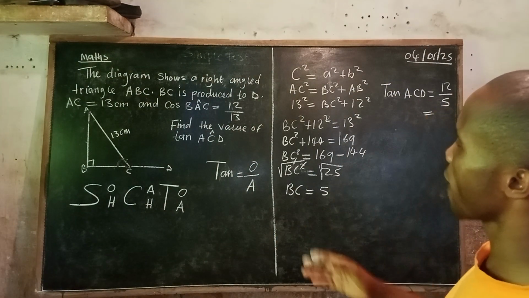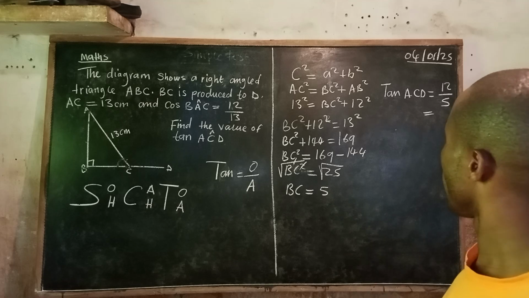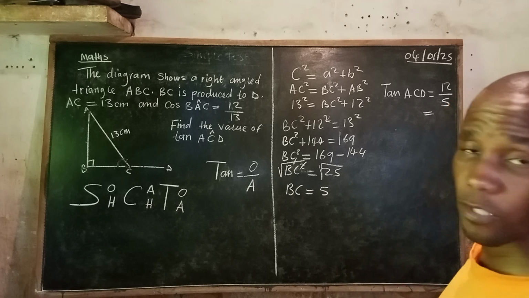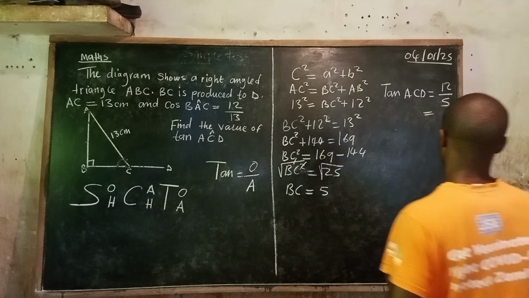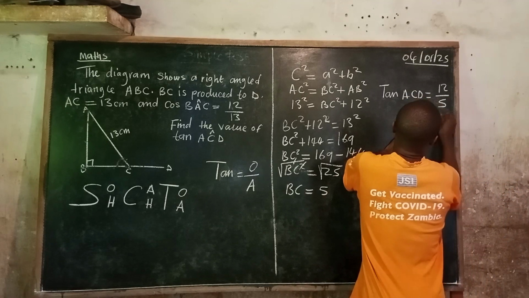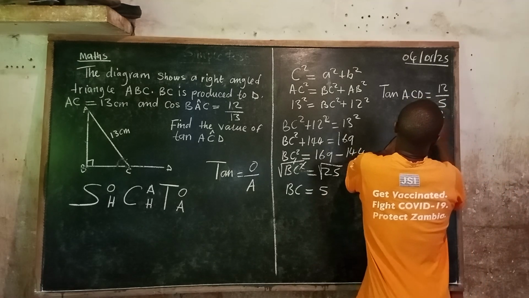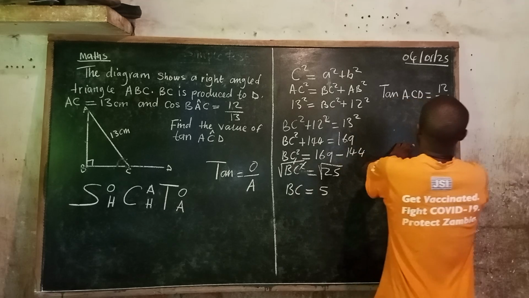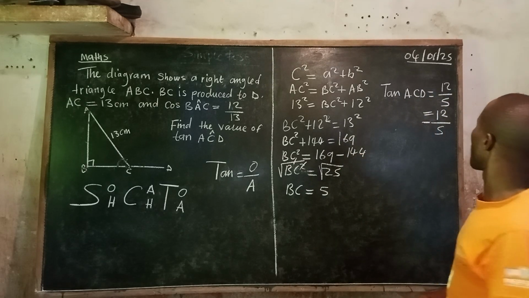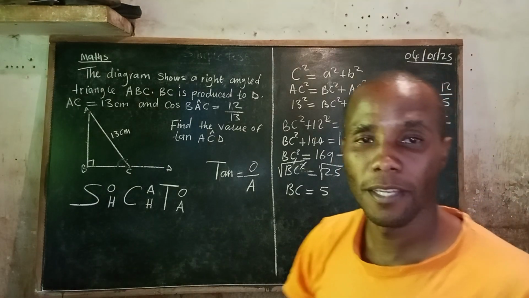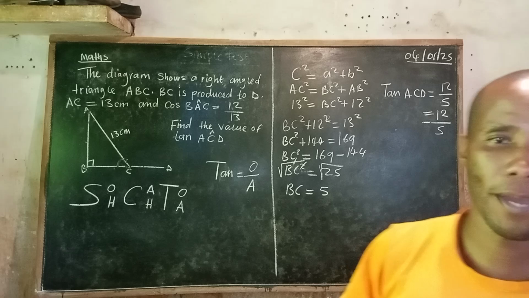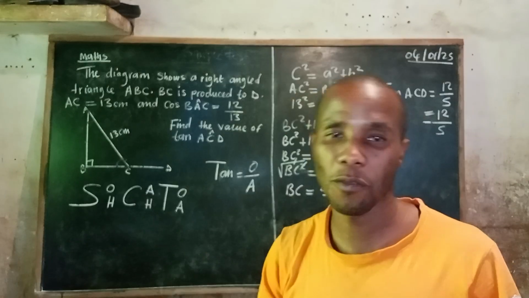In the second quadrant, it's only sine which is positive. So this is tan, so it is going to be negative. So this is going to be negative 12 over 5. So that is the way to go. Thank you so very much for your attention and your patience.